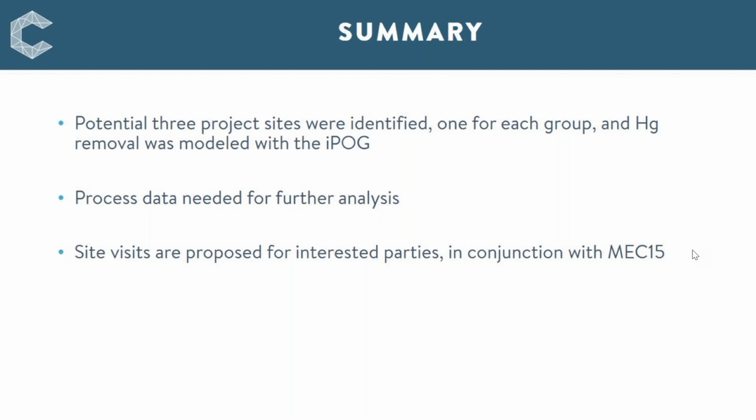You have heard me saying estimate, assumption, estimate, assumption. These are not good words when we are about to make serious decisions. So we need more information from stakeholders. We need them to confirm that yes, the coal we are considering is the coal they are using, they're not blending, they haven't switched to lower mercury coal, and they haven't installed anything. Most interestingly, any information on measurement of mercury emissions at these plants would be most useful.